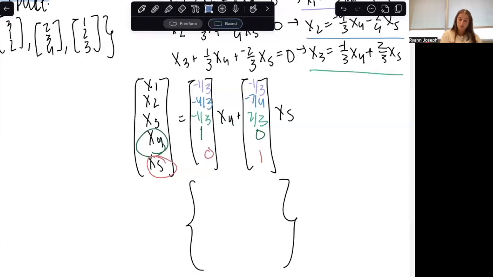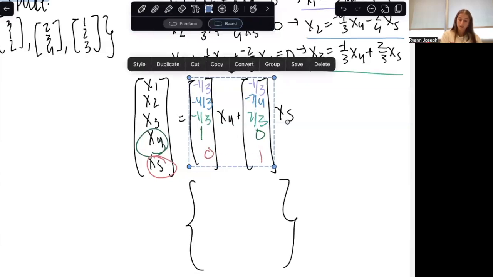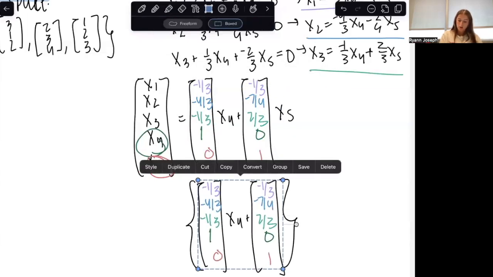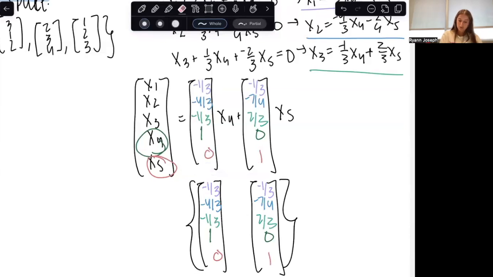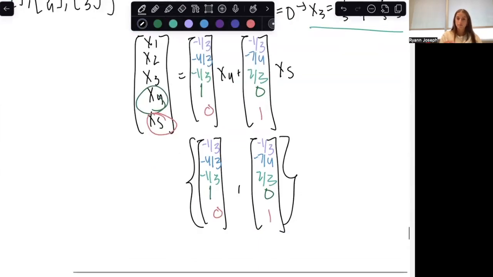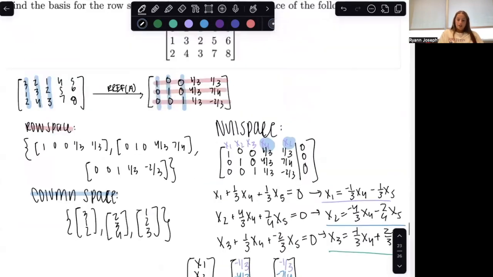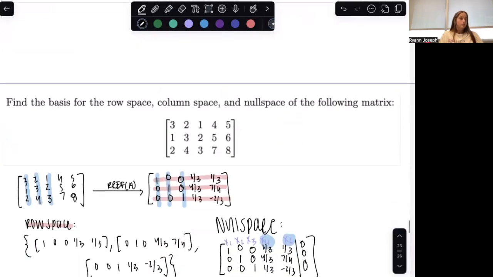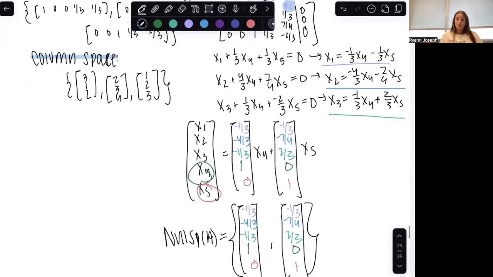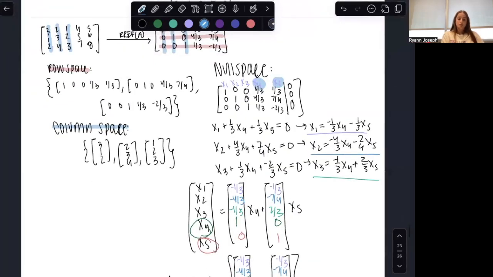You can write it like this, or you can write it in set notation, where you get rid of the addition terms and just add a comma with the curly brackets. So that is the basis for the null space of this matrix. I didn't write it in the question, but note that the rank, which tells us how many things are in the basis of the row space or the column space, is 3.